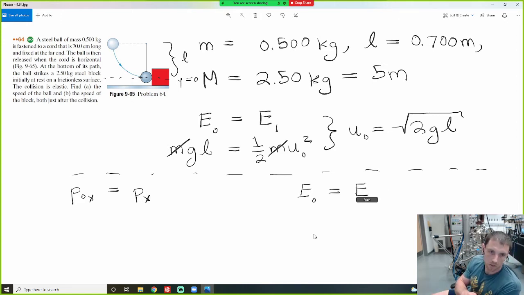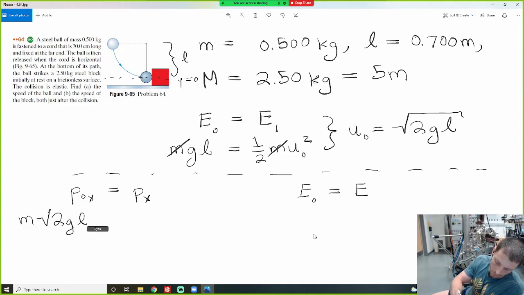So what do we have as far as the momentum goes before the collision? Well, it's just the momentum of the ball, right? And that, remember, is m u naught, but we already found u naught, so I'm just going to substitute in square root of 2gL right away. Okay.